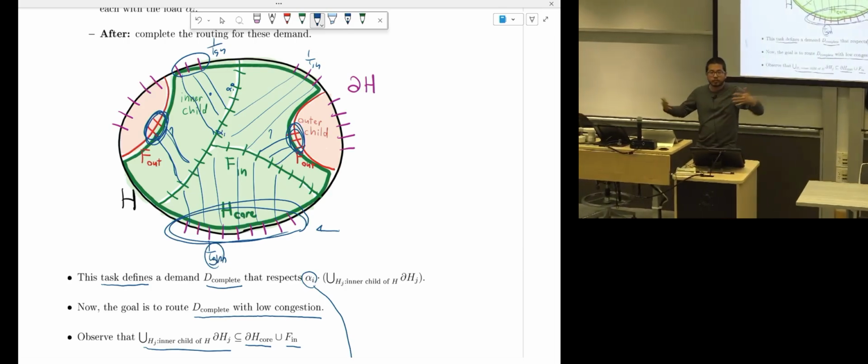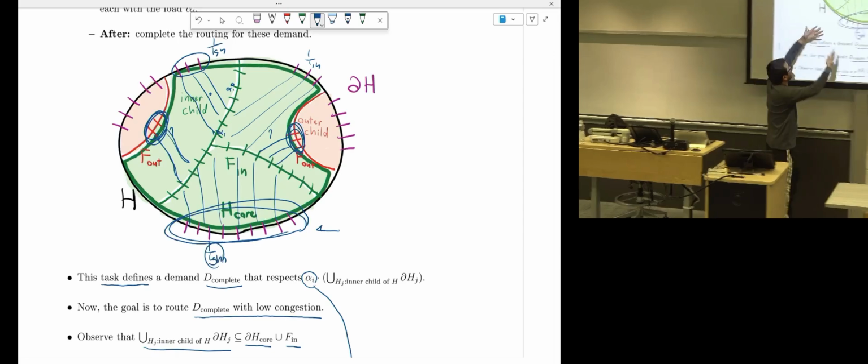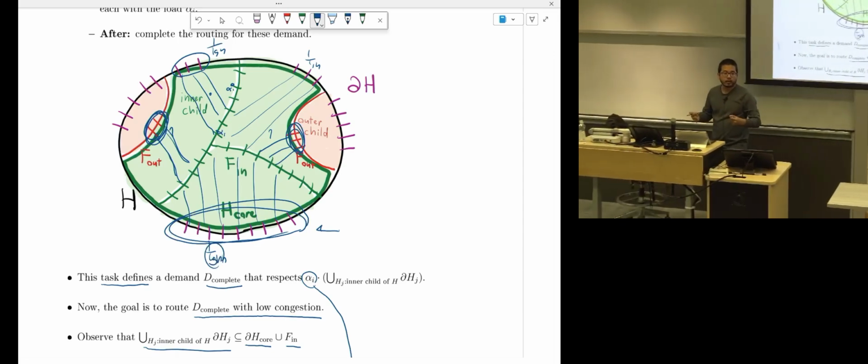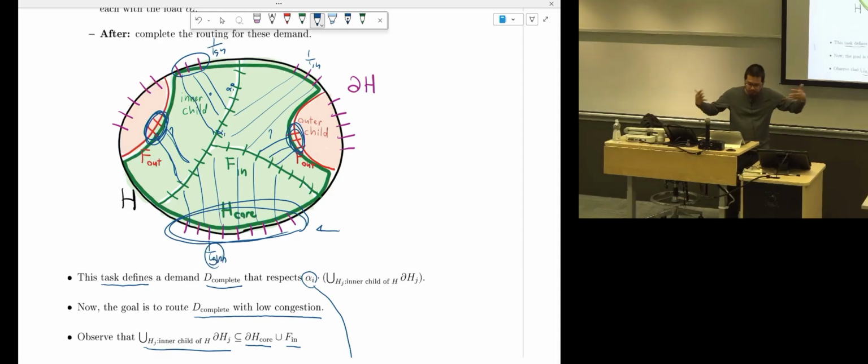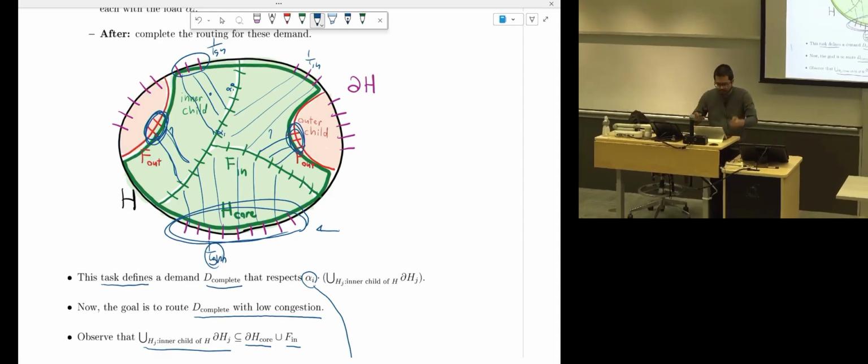And this flow, the blue flow to F in here, has congestion just one, because it's just the feasible flow from these edges to F in.